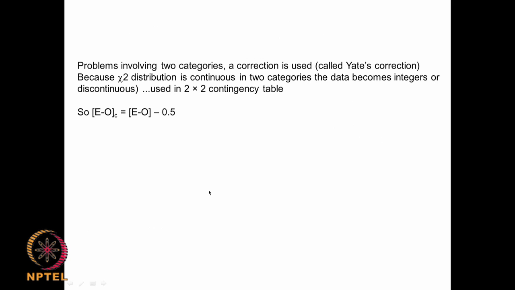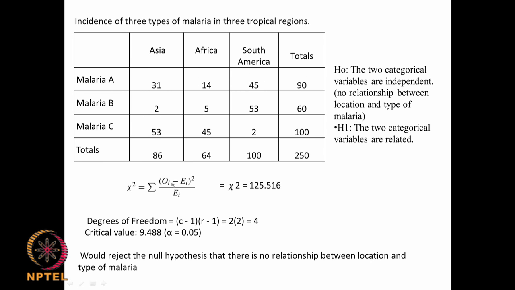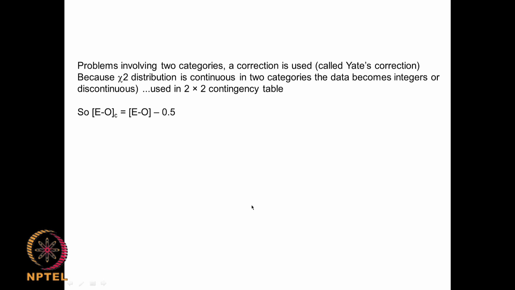What you do is subtract 0.5 from the difference term, which is valid only when you have a 2 by 2 type of contingency table, then you square it up and divide by expected in the denominator.